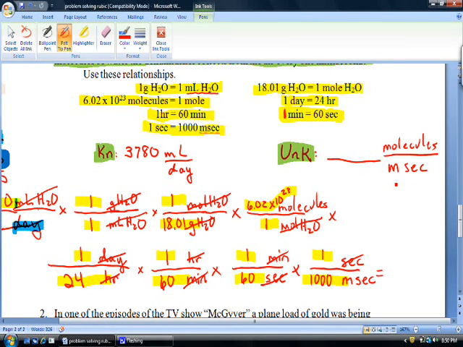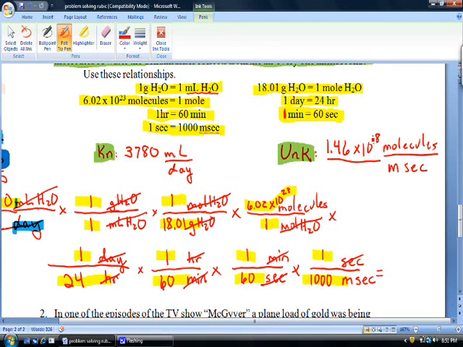Those are the units that haven't canceled out. And my answer on my calculator is 1.46 times 10 to the 18. That's a huge number of molecules per millisecond.